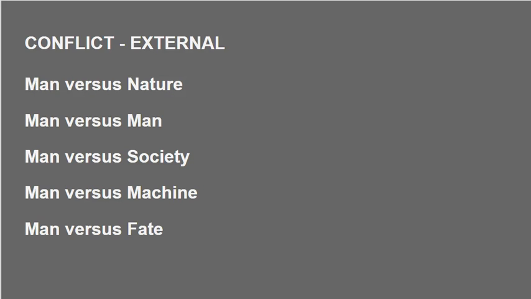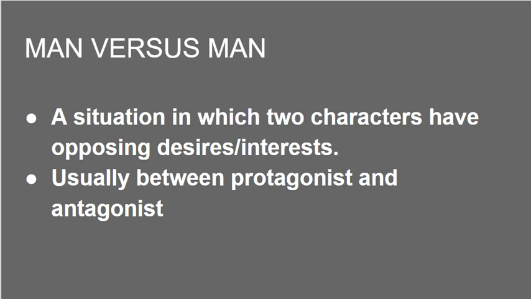On the next few slides, I have broken down each one of these external conflicts with the definition. I will show them to you. You may pause the video and write down the definitions individually if you so wish to do so. The first one is man versus man.